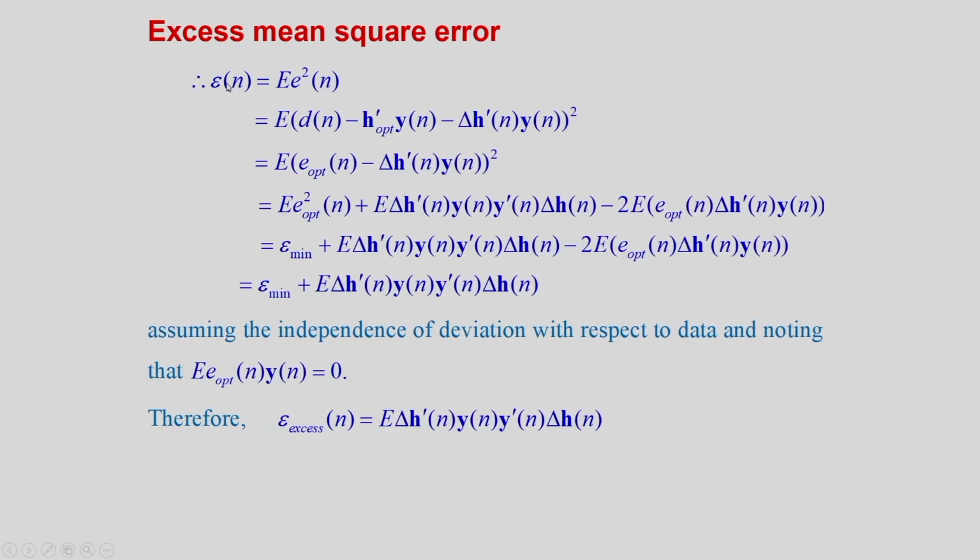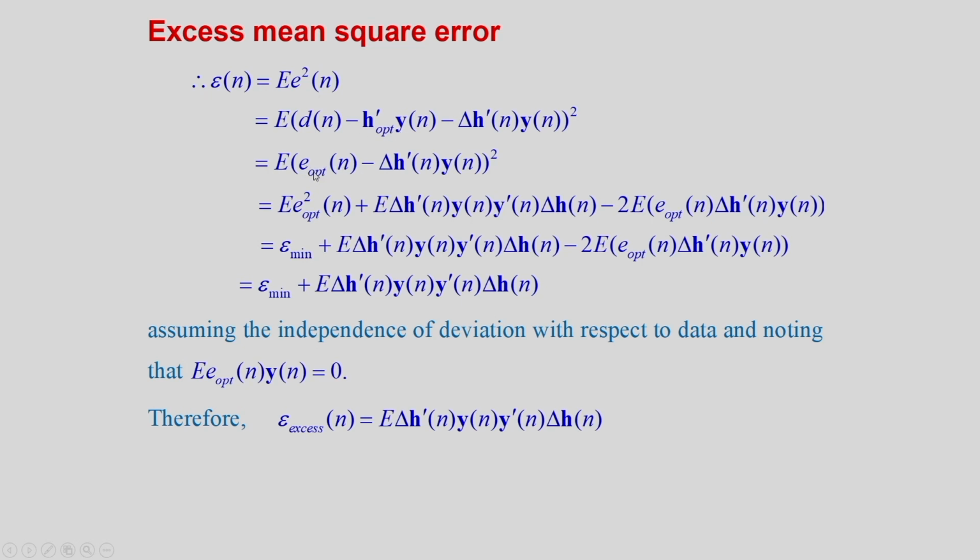Therefore, the mean square error MSE is equal to E of e square n, which is equal to E of dn minus H opt transpose into Yn minus delta Hn transpose into Yn, whole square. This is the mean square error. Now, this part is the error due to the optimum Wiener filter.